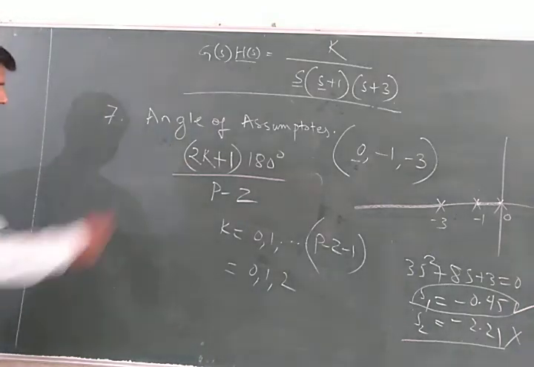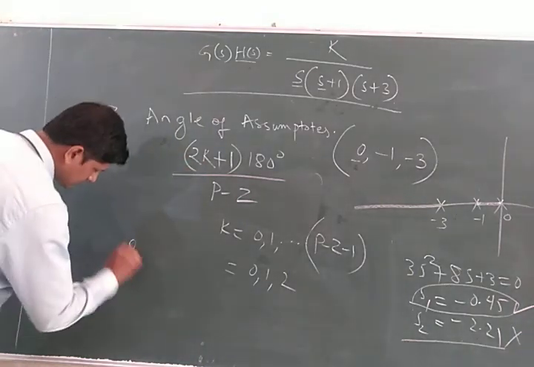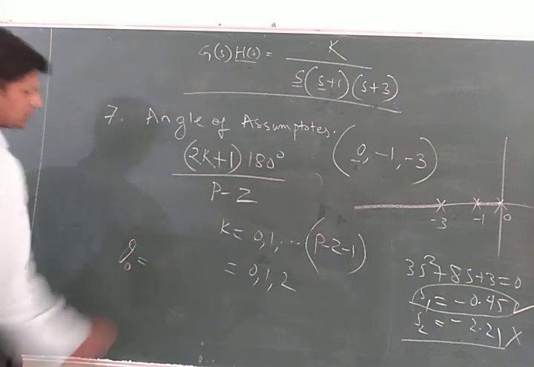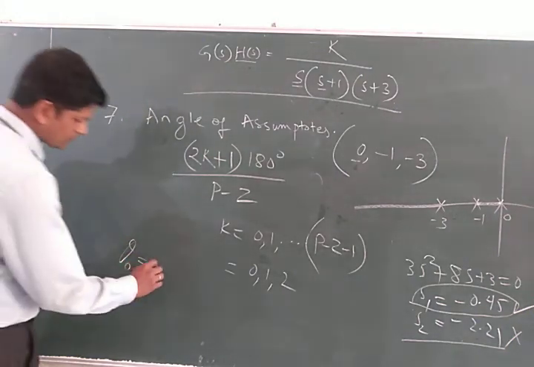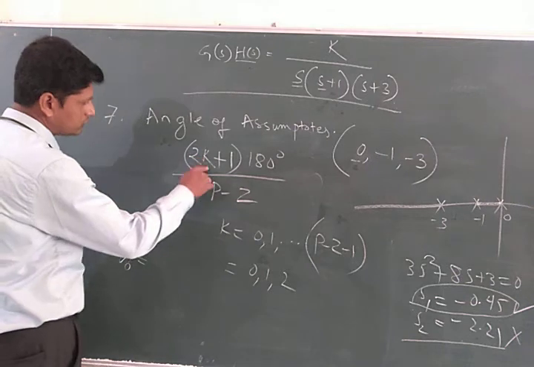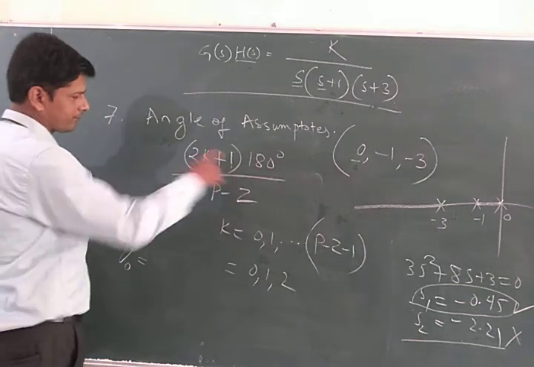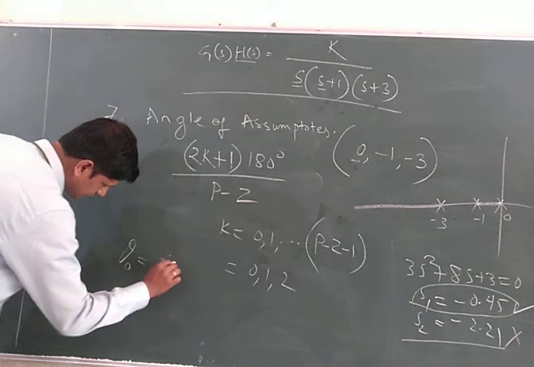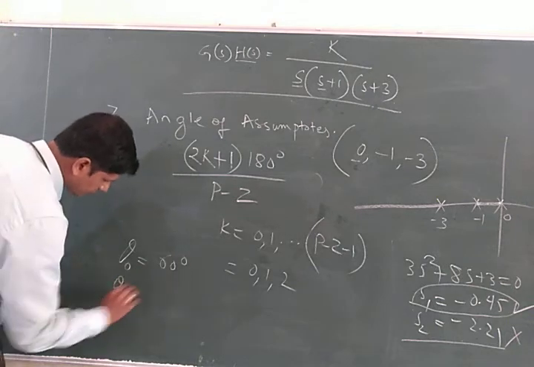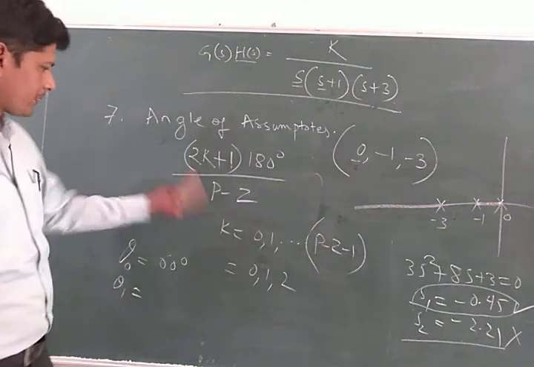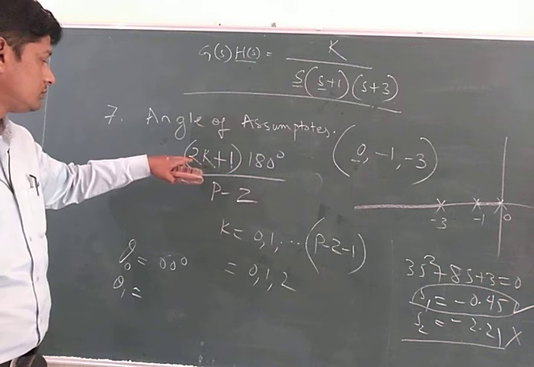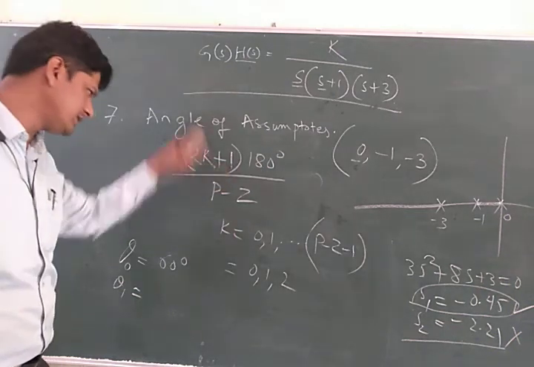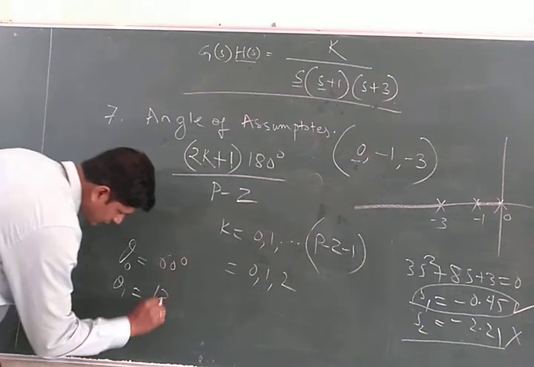Correspondingly I have to write theta 0 equals (2 into 0 plus 1) into 180 degree by 3, which is 180 by 3 equals 60 degree. Theta 1, for K equals 1, equals (2 into 1 plus 1), which is 3, so 3 into 180 degree by 3, the 3 gets cancelled, becomes 180 degree.